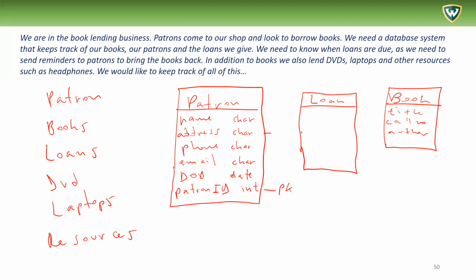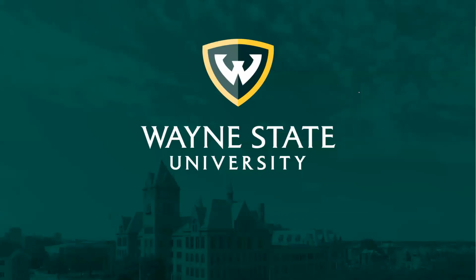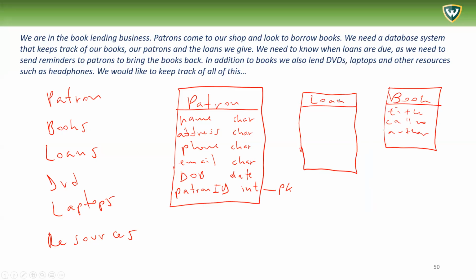And actually we can break this up and think of these as one to many. I prefer this notation better. One to many. One patron can have many loans, but each loan refers to the one patron, right? Each loan is only referring to one person.